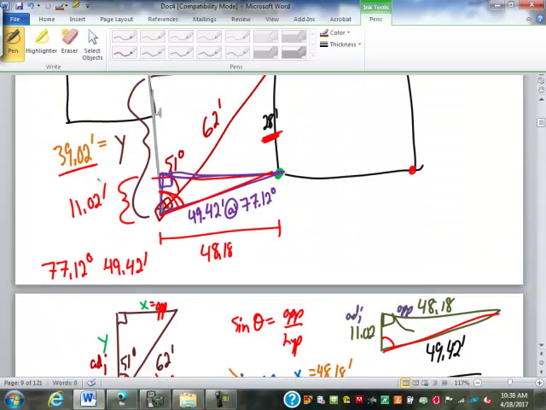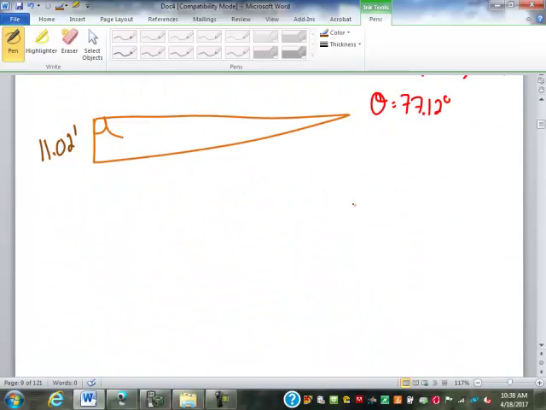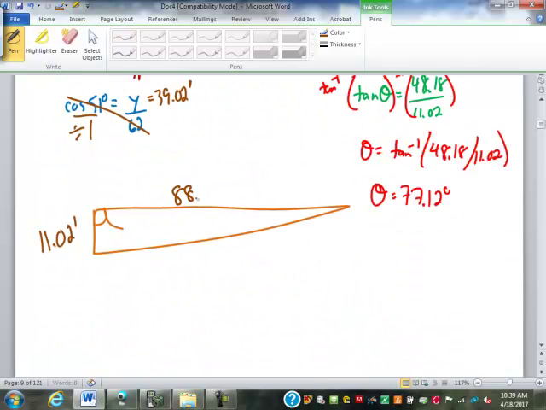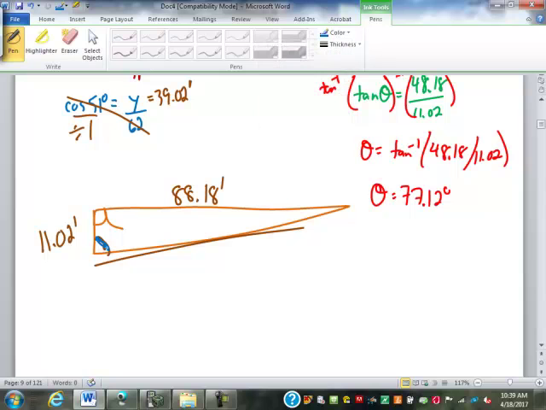Right, that's just the same as this side here. How about this side here? 48.18 plus 40, so it's 88.18. So I'm looking for this angle and this side, right? Pythagorean theorem and inverse tangent, right?